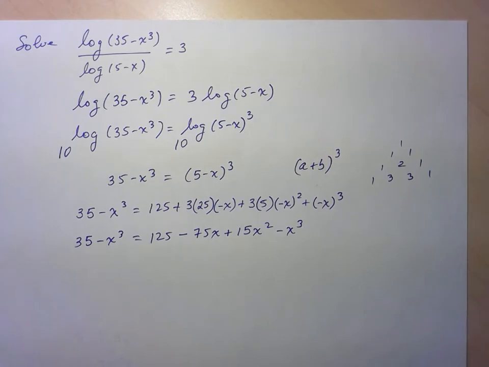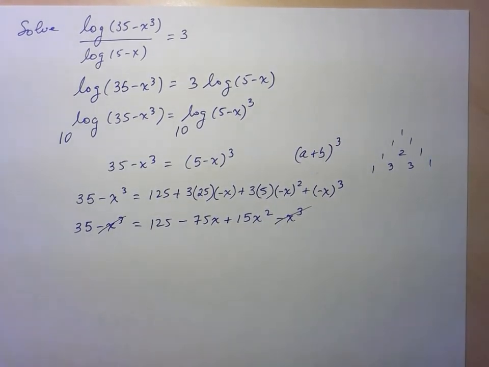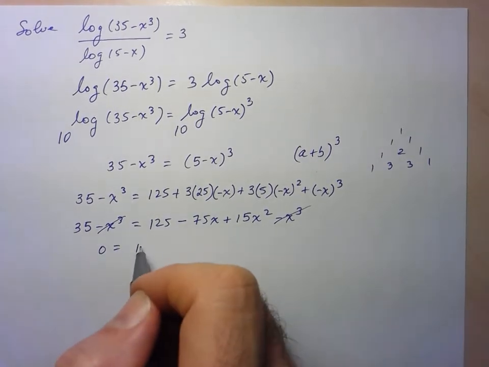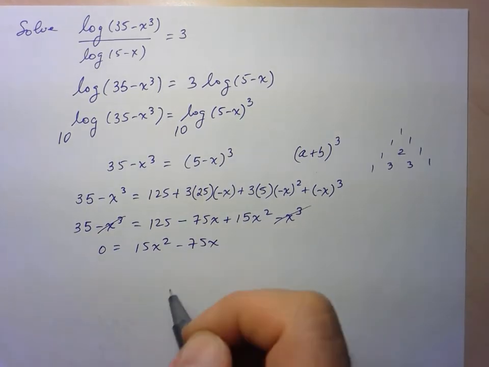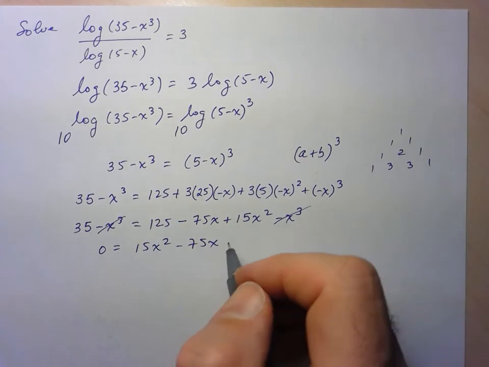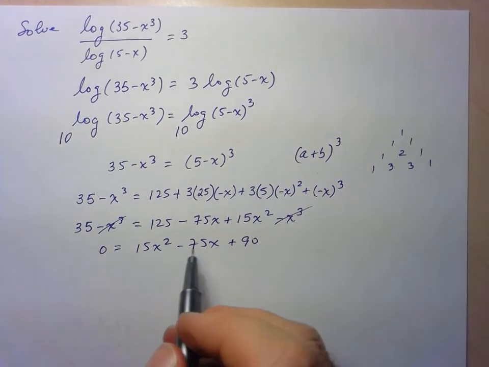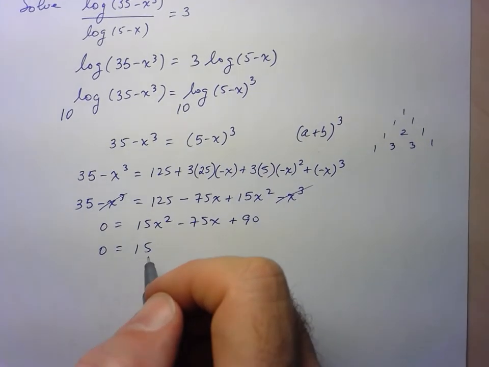This actually works out quite nicely because those will just cancel each other out, so I'm left with 0 equals 15x squared minus 75x. And here we've got 125 minus 35, so that's going to be plus 90. These are all divisible by 15, so I'll make my life easier by factoring out the 15.